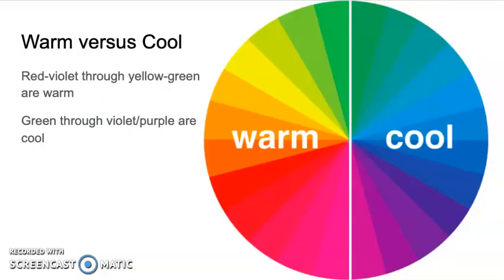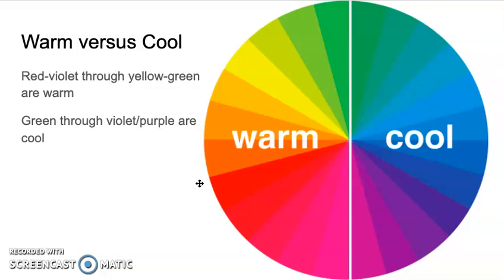Next up, warm versus cool. Warm colors make us feel happy, warm, comfortable, cozy, right? We associate them with things like fire and the sun and magma, and other warm things, tropical climates.